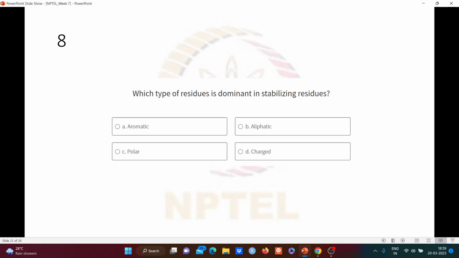Okay. Coming to the eighth question, which type of residues is dominant in stabilizing residues? Yeah, aliphatic residues or non-polar residues, which form a stabilizing core.